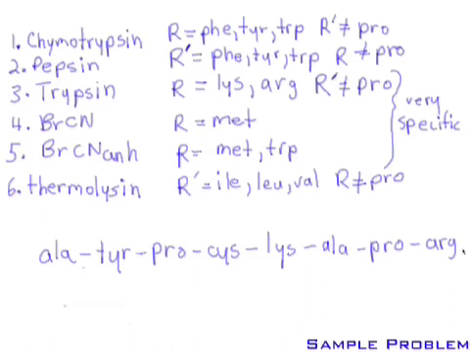To the right of arginine, I've got nothing, so there's nothing to cleave. To the right of lysine, I have an alanine, so I'd cleave here. So I'd get two peptides: an alanine, proline, arginine tripeptide, and a pentapeptide, alanine, tyrosine, proline, cysteine, lysine. So you begin to see how this is done.